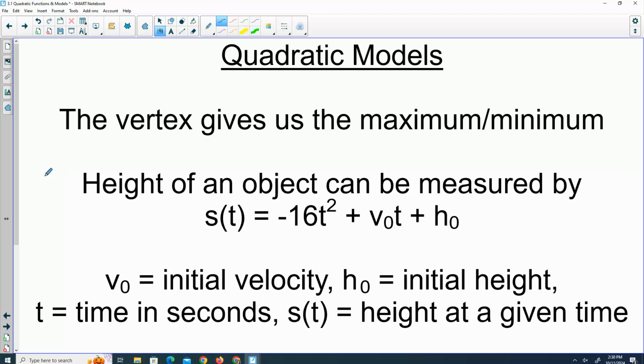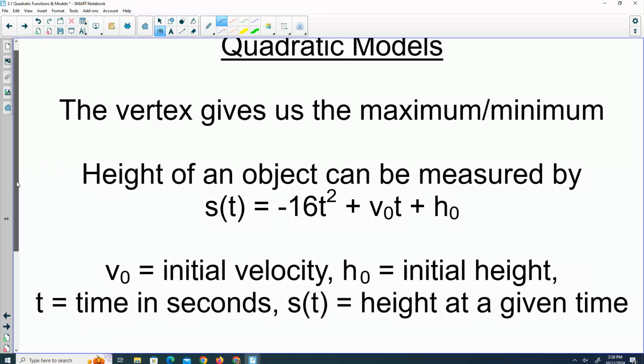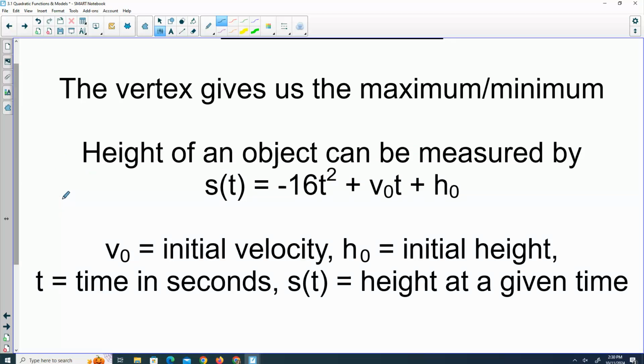Okay? So vertical motion, you might have seen this formula in physical science or physics before. We know that in general, if we have a quadratic, the vertex tells us our maximum or minimum. Height of an object can be measured by this equation.